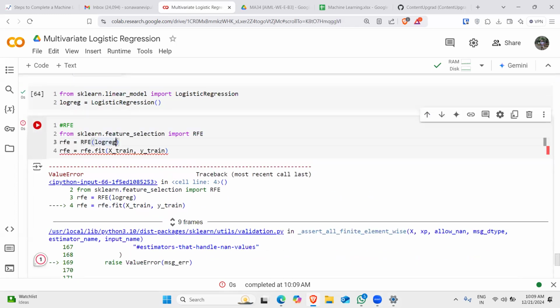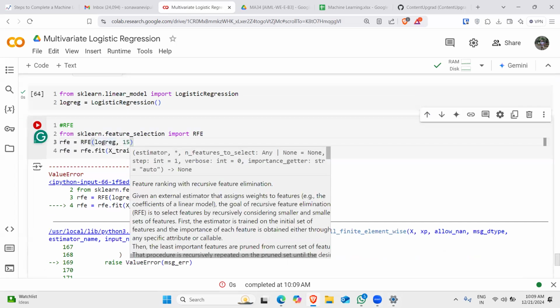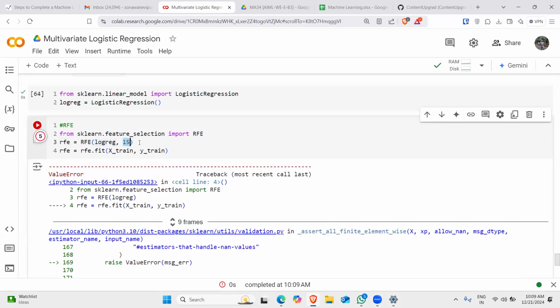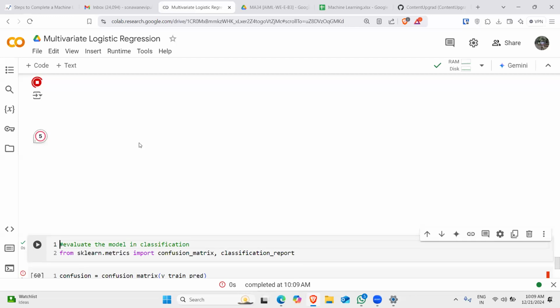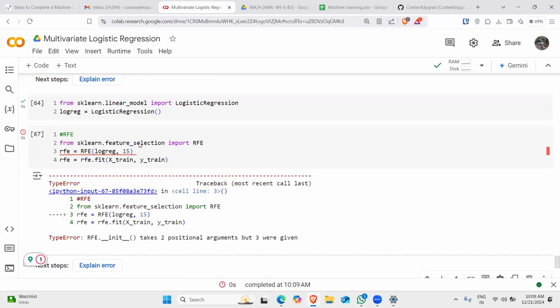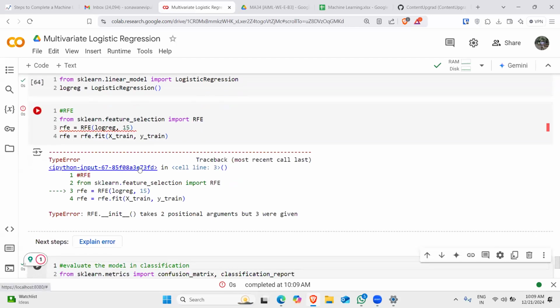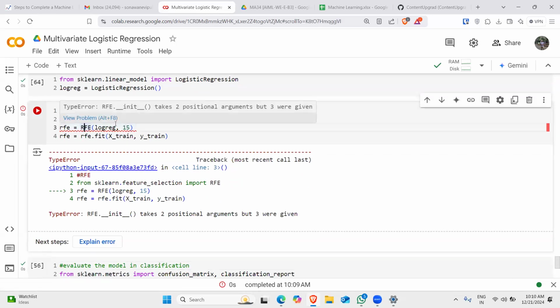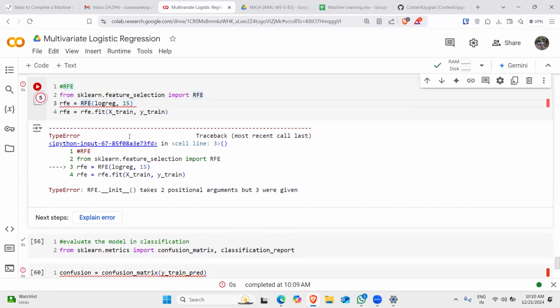And if I just pass another argument, we have only logistic regression and 15. We have two parameters, but it throws the error. So in Colab, there is one problem associated with RFE that we also have discussed previously, right? So that's the reason it is not able to give us the output.